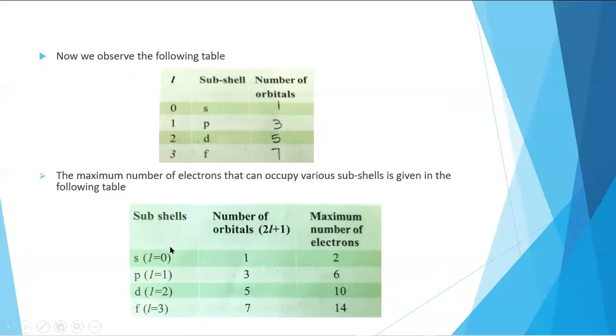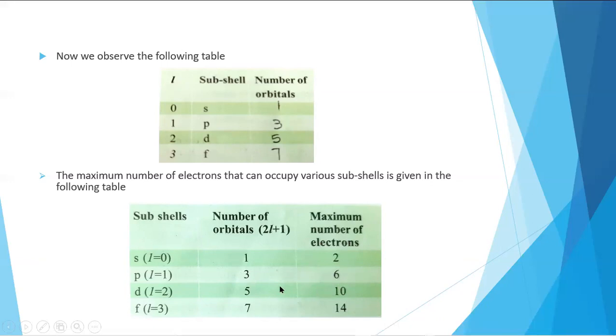If we take L equal to 0, that is the s orbital, the number of orbitals will be 1 and the maximum number of electrons that can be filled in this orbital is 2. If we take subshell p, that is L equal to 1, the number of orbitals will be 3, then the maximum number of electrons will be 6, and so on.